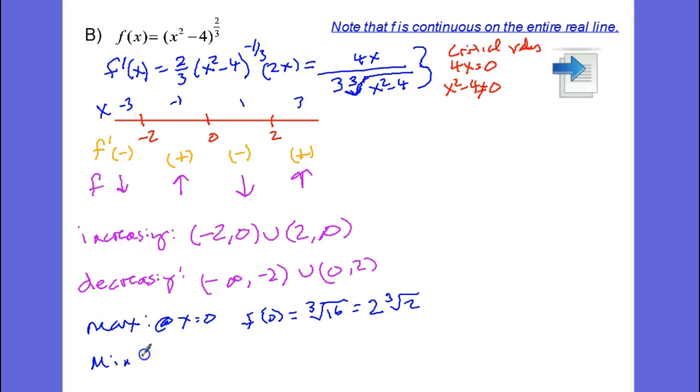Our mins are going to be where we go from decreasing to increasing, and that happens twice, once at negative 2 and once at 2. And as it turns out, f of negative 2 is equal to 0, and f of 2 is also equal to 0. And so there we have our complete analysis.